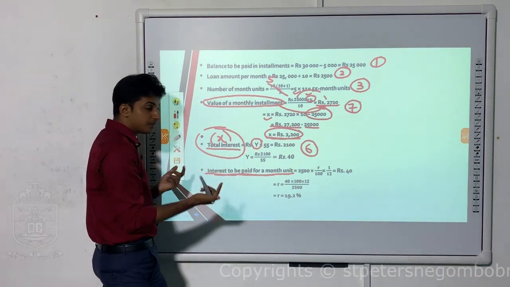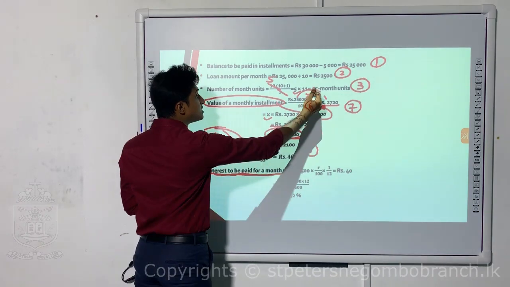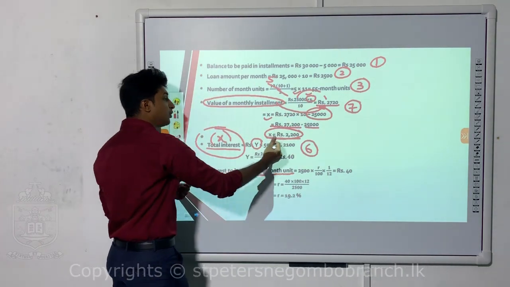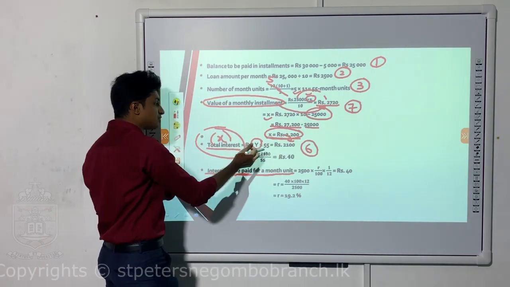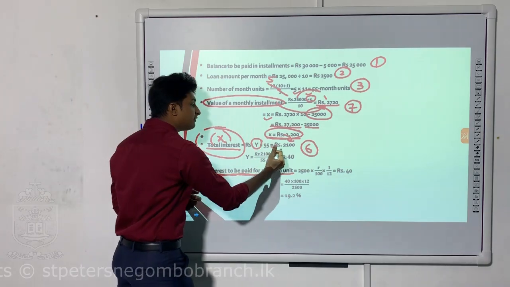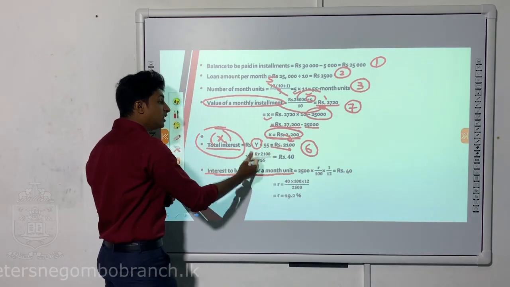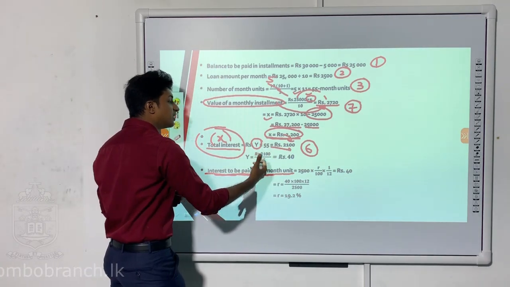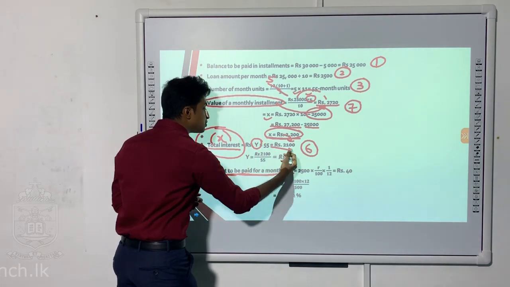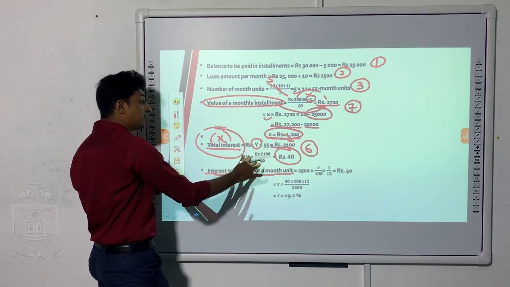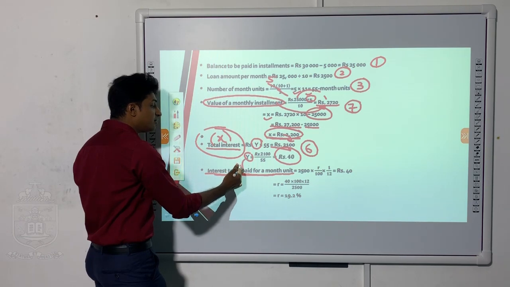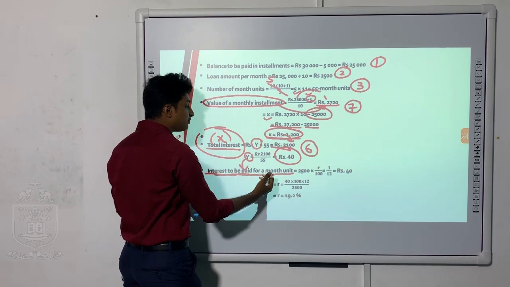That we don't know. So that into 55, where 55 is the number of month units, is equal to 2,100, the total interest. From that, take 55 down, y equals 2,100 divided by 55, that is rupees 40. Rupees 40 is going to be y. Y means interest to be paid for a month unit.